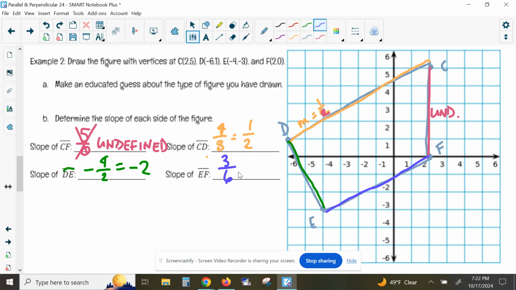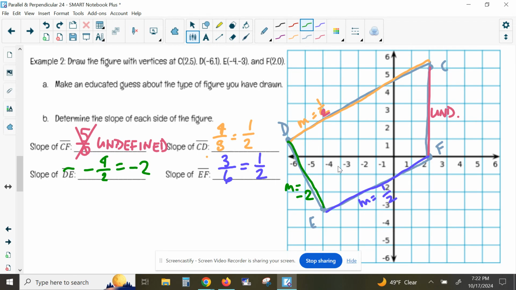And that does also simplify to 1/2. If I ate 3 pizzas out of 6 of them, that would be half of my pizza. Okay, I'm going to put 1/2. My M equals 1/2 on this. And on this guy, my M equals -2. Okay, so I have my slopes labeled really small in here.